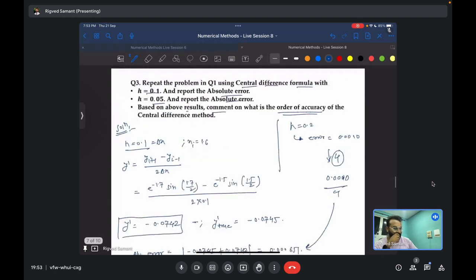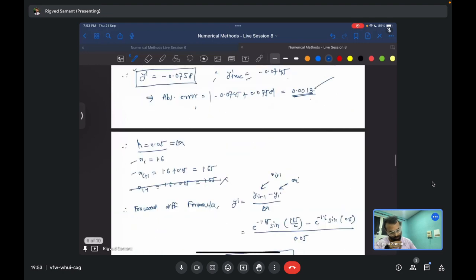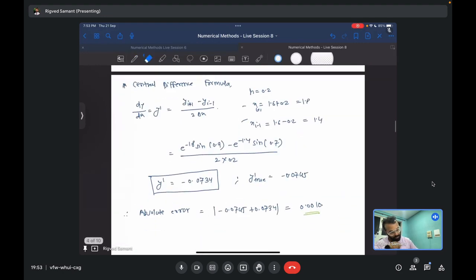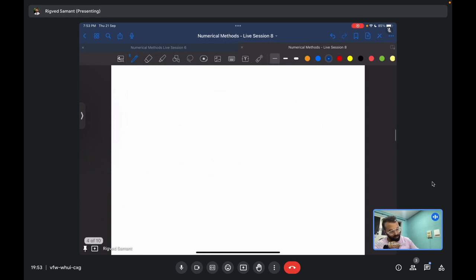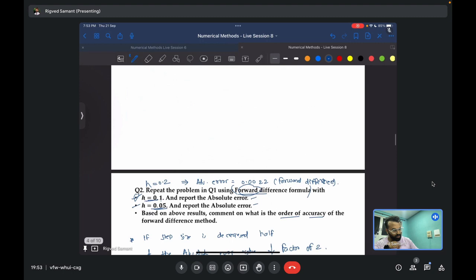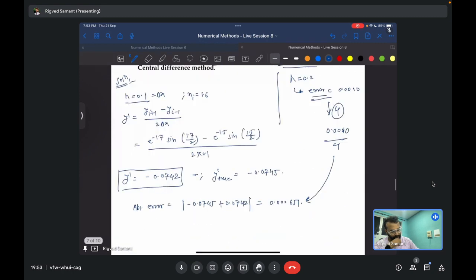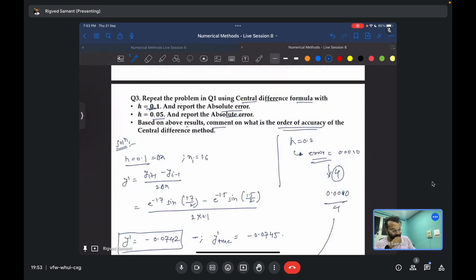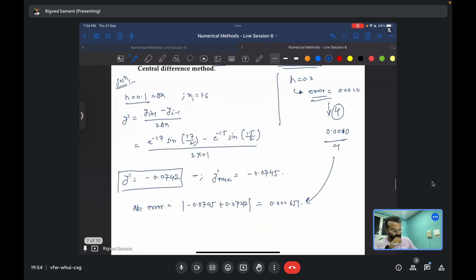So where did I get this error? In the first question. In the first question, this was the error for a central difference using h equal to 0.2. Now we reduced this to 0.1, and we got the error to be minus 0.00651, and we are comparing.